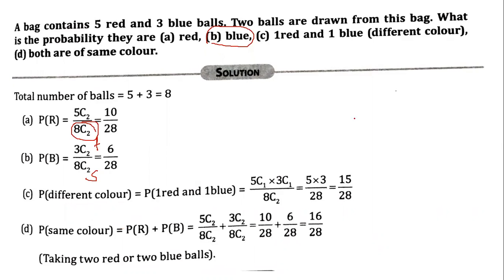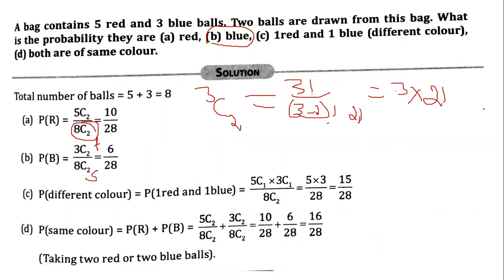Now if you have to solve 3C2, use the same formula, that is n factorial. So 3 factorial divided by 3 minus 2 factorial into 2 factorial. So here 3 into 2 factorial divided by 3 minus 2 is 1 factorial into 2 factorial. Now I can cancel 2 factorial and 2 factorial.